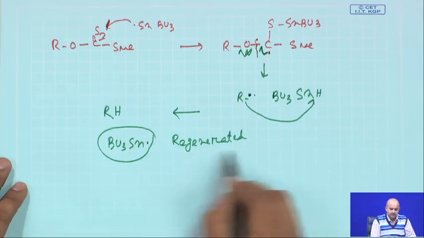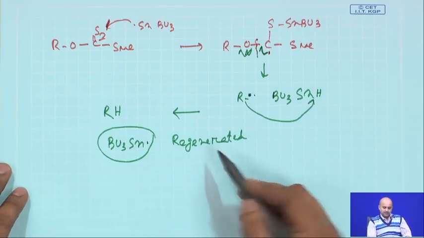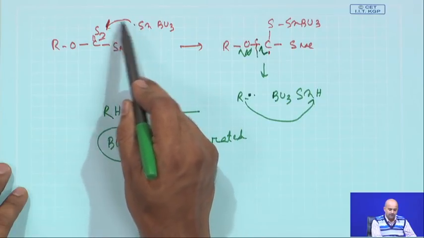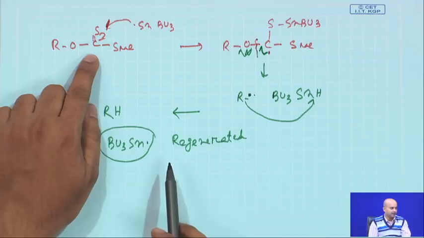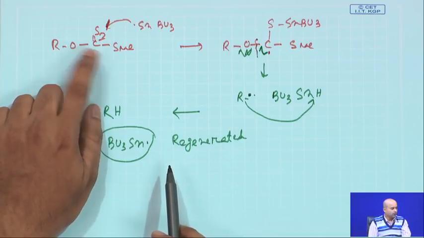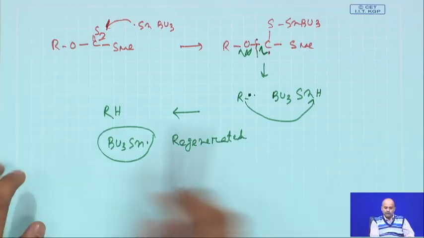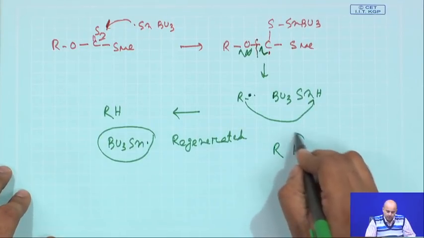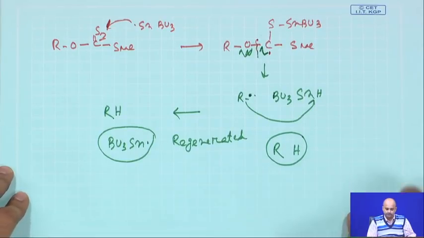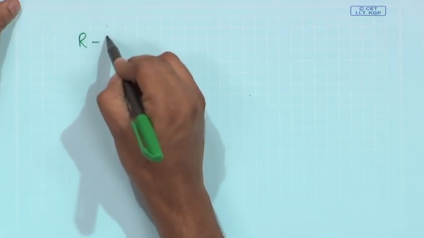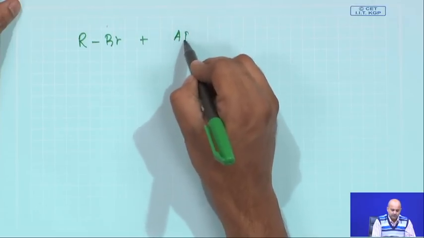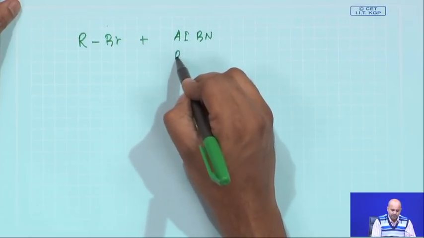Now, once this is regenerated, it can again undergo radical fragmentation with the xanthate. This way the whole process goes on, and finally your hydrocarbon, or deoxygenation, takes place. In a similar way, if you have an alkyl bromide, you can react with AIBN and Bu3SnH.